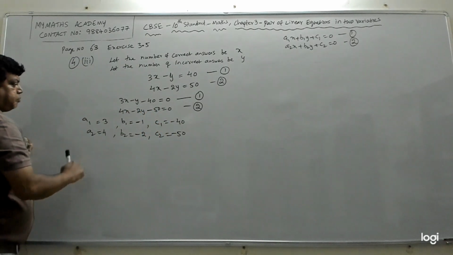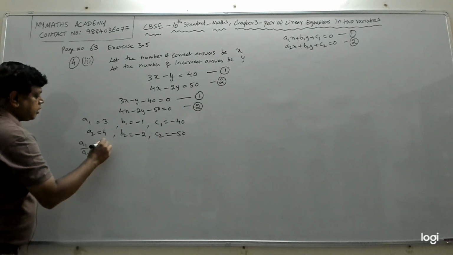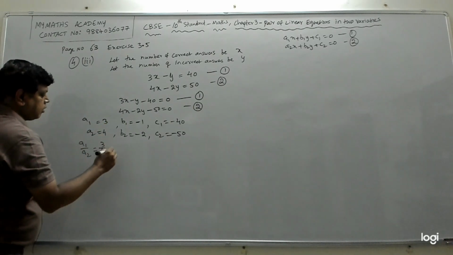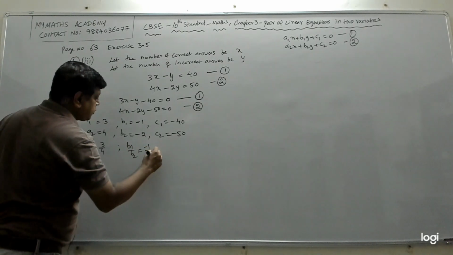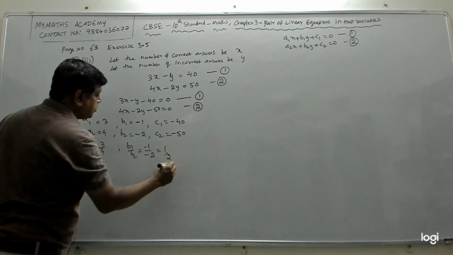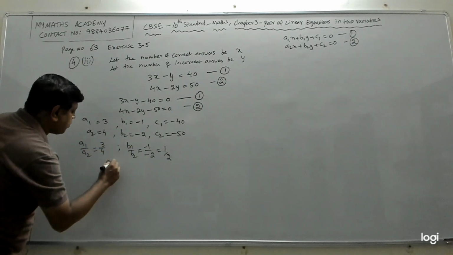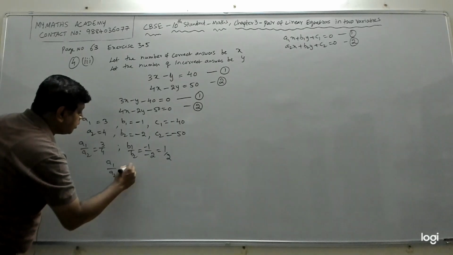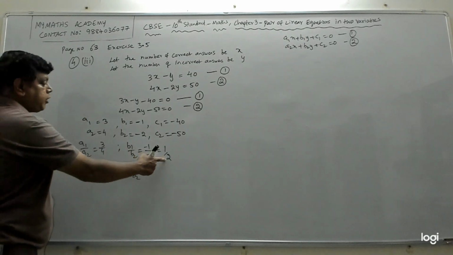Now let's find a1 by a2. What is a1 by a2? 3 by 4. Then b1 by b2 is what? -1 by -2, which means 1 by 2. So a1 by a2 is 3 by 4, b1 by b2 is 1 by 2, which means a1 by a2 is not equal to b1 by b2. Because this is 3 by 4, this is 1 by 2, they are not equal.